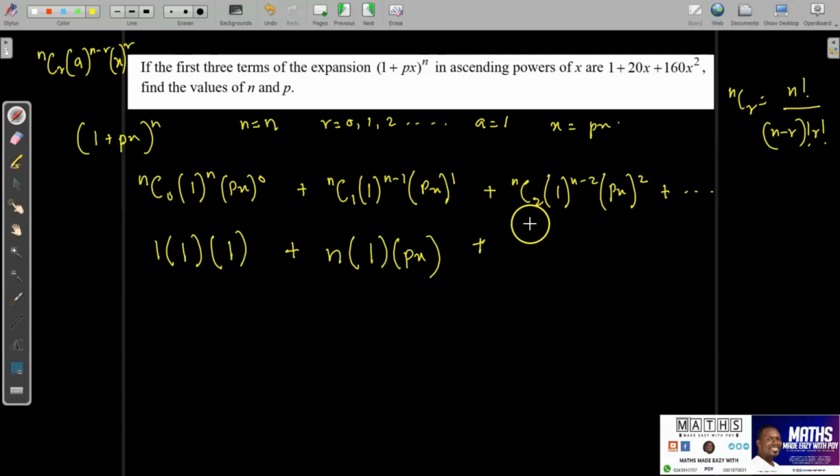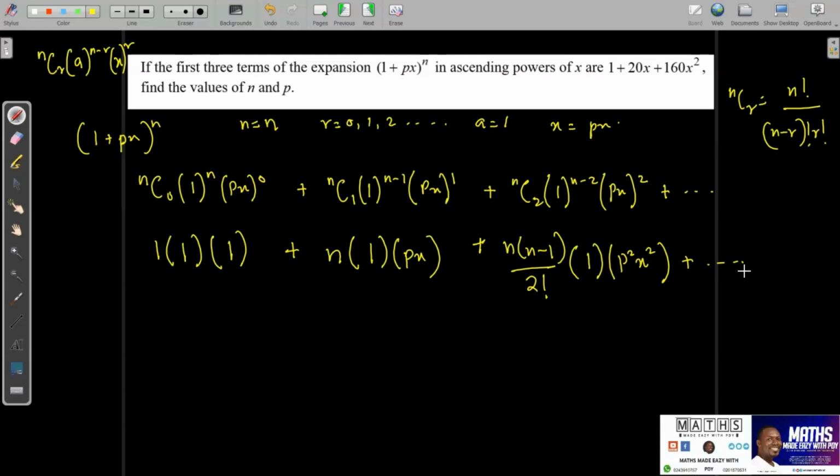What's the value for n combination 2? n times n minus 1 all over 2 factorial. Then times 1 to the power n minus 2, which is the same as 1. And px all squared will give us what? P squared. Beautiful. Then plus dot dot dot.